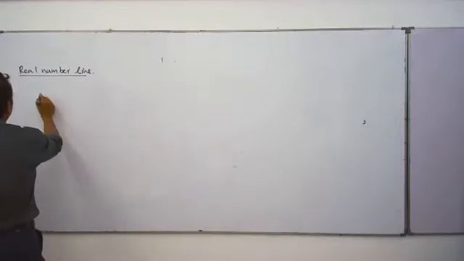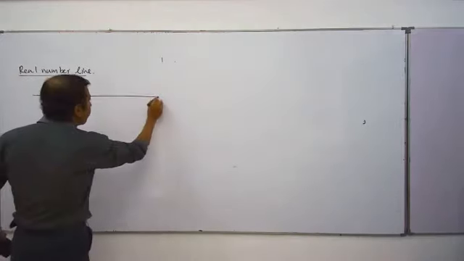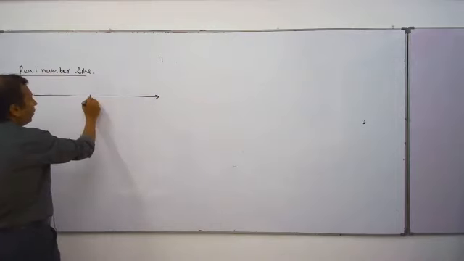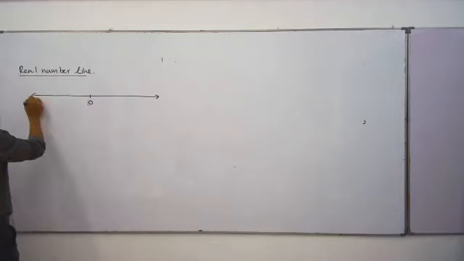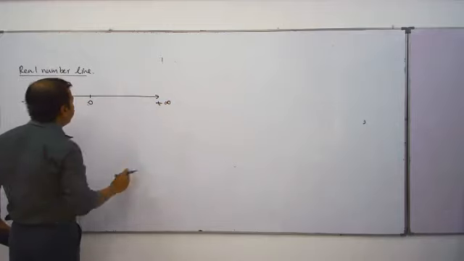This is the real number line. Exactly at the midpoint of the number line, we have 0. This is called the real number line.